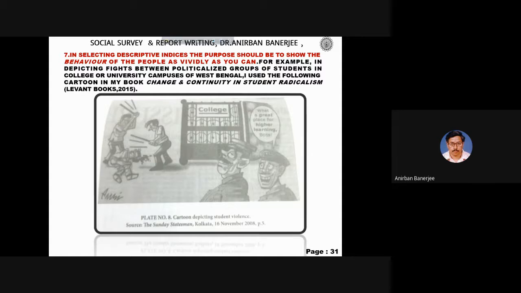In selecting descriptive indices, the purpose should be to show the behavior of people as vividly as you can. For example, in depicting fights between politicalized groups of students on college or university campuses of West Bengal, I used the following cartoon in my book, Change and Continuity in Student Radicalism.